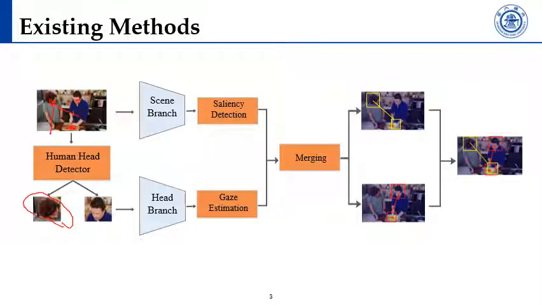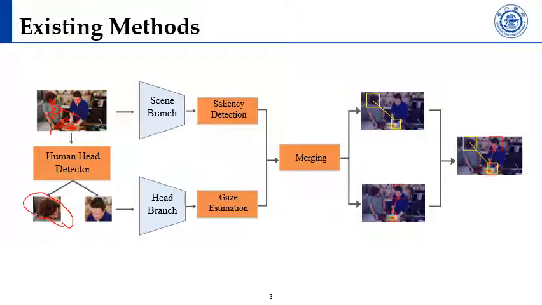The sightline of this cone is the predicted sightline given by the gaze estimation. Then the intersection of the saliency region and the field of view is the candidate region of the gaze targets. And we can do this one human by one human. Then we detect gaze targets of all humans in the image.